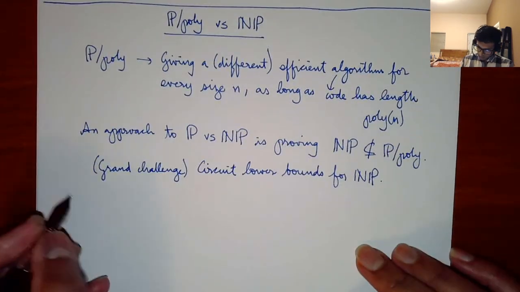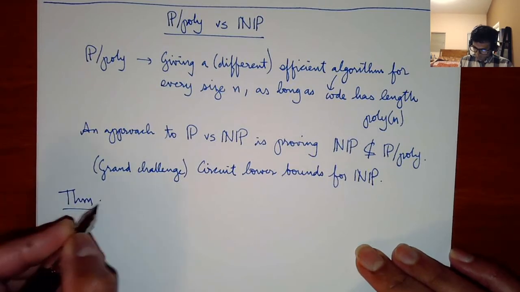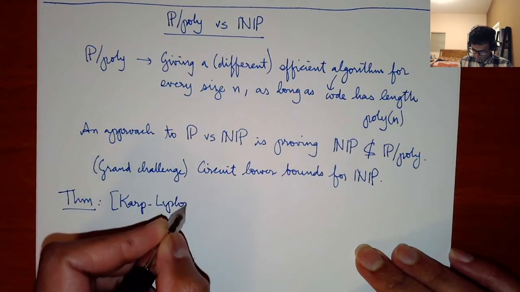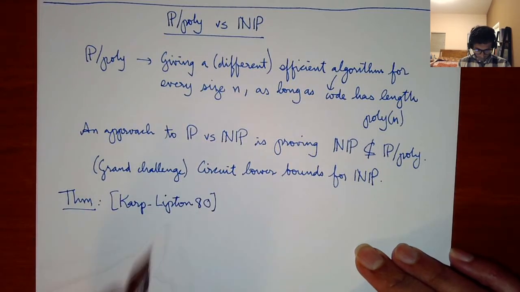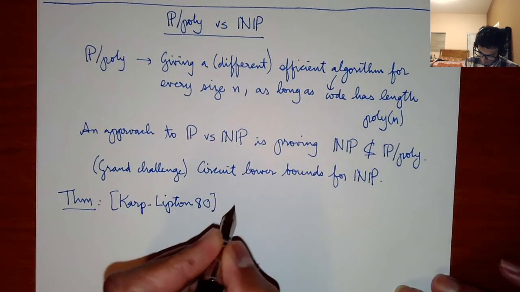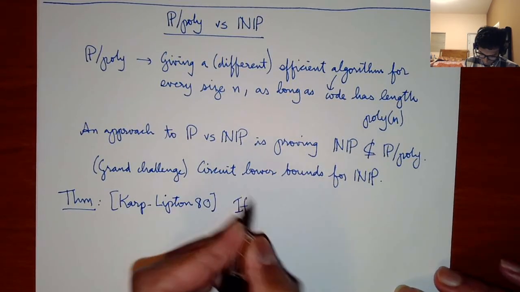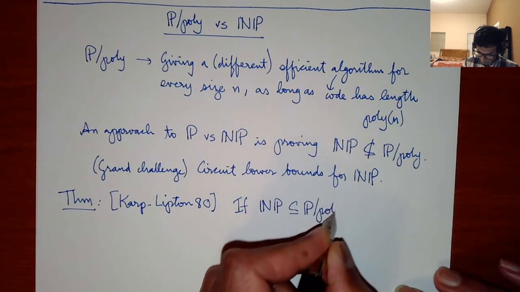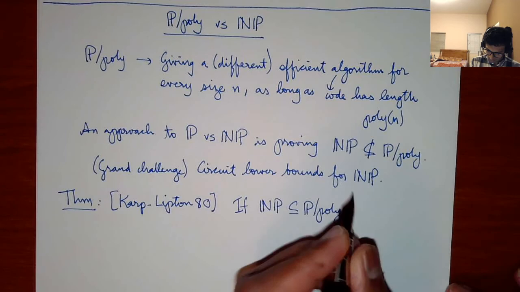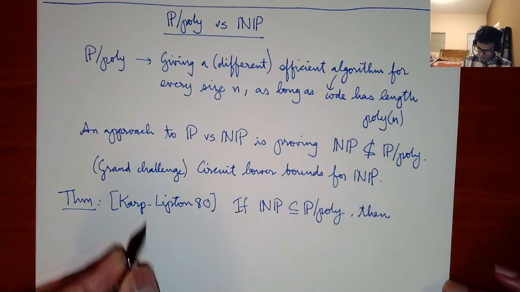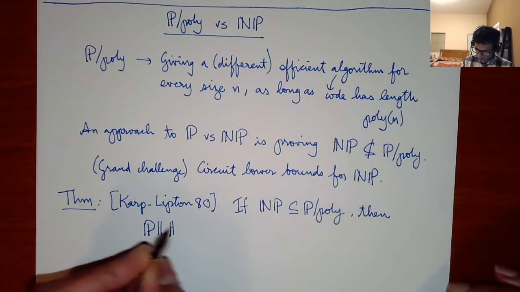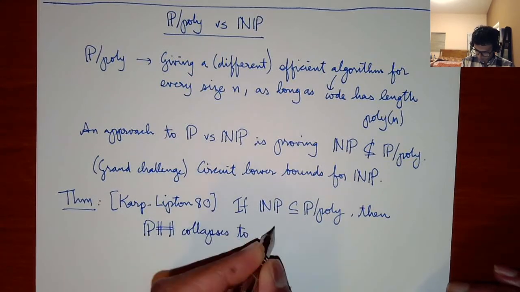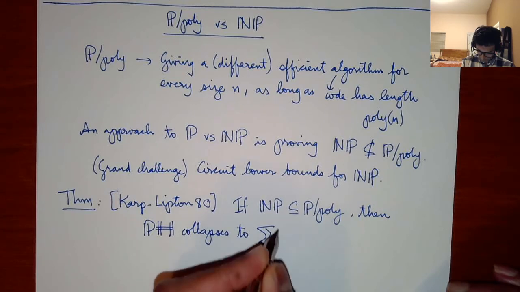And so towards this, a very important theorem of Karp-Lipton from 1980 says: if NP is contained in P/poly, then the polynomial hierarchy collapses to sigma 2.